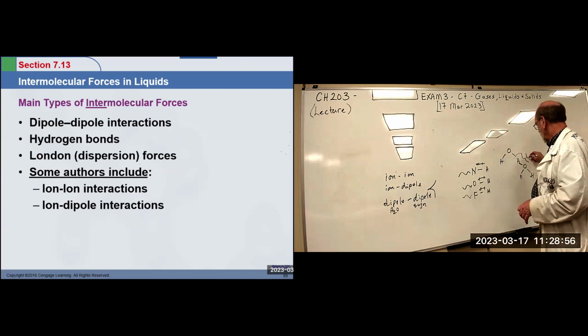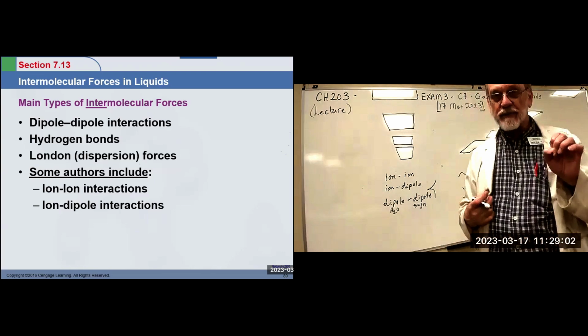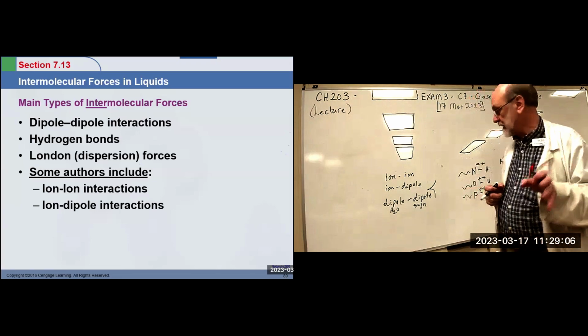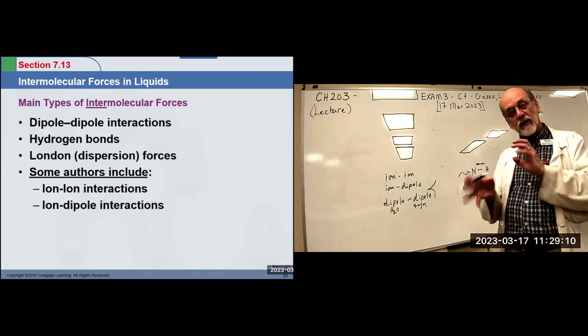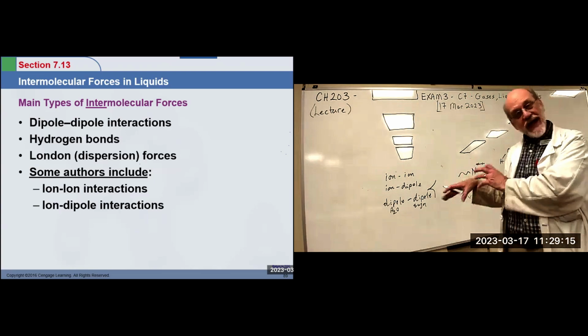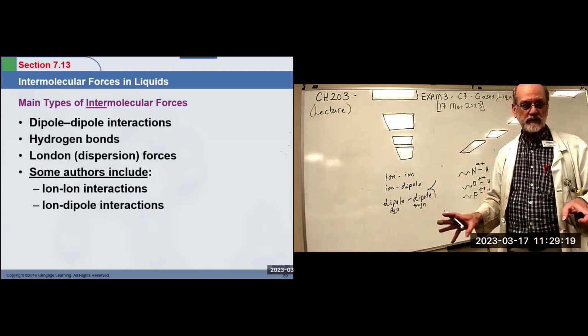This is a hydrogen bond, and it is the strongest of the dipole-dipole interactions. Okay? Now you can get dipole-dipole interactions without the hydrogen bonding. But when you have the hydrogen bonding available, that is the strongest of the dipole-dipoles.